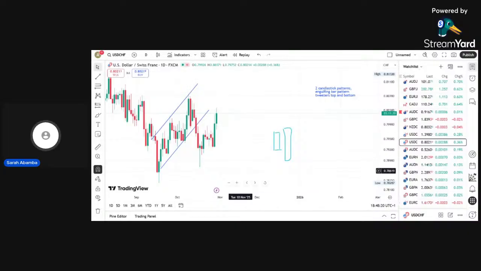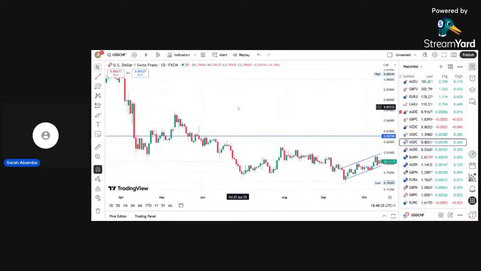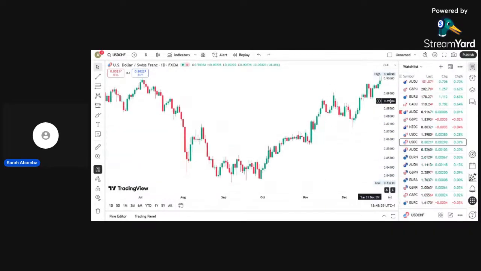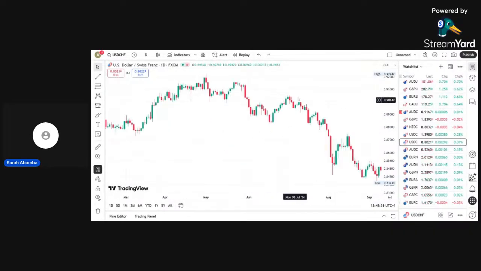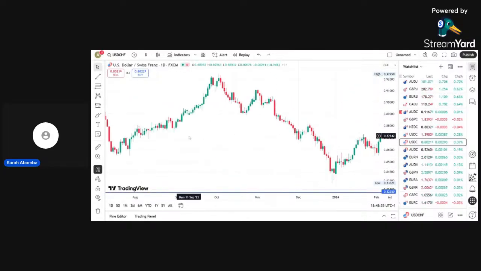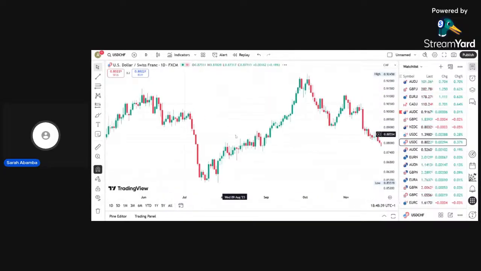I'm seeing one here, but let me scroll through the chart. Okay, I've seen one here, and then this will be a support.